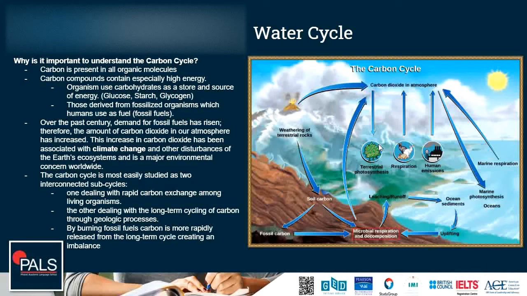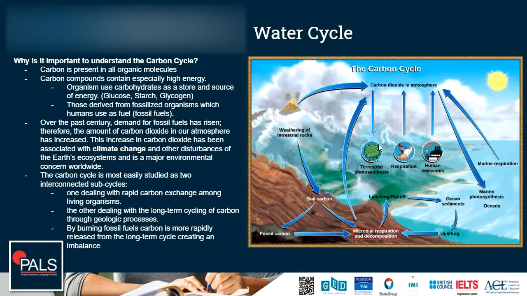Organisms use carbohydrates as a form of energy store and energy source, in the form of glucose, starch, or glycogen, for example. And it is important in terms of the compounds derived from, or the energy derived from fossilized organisms, which humans use as fossil fuels.